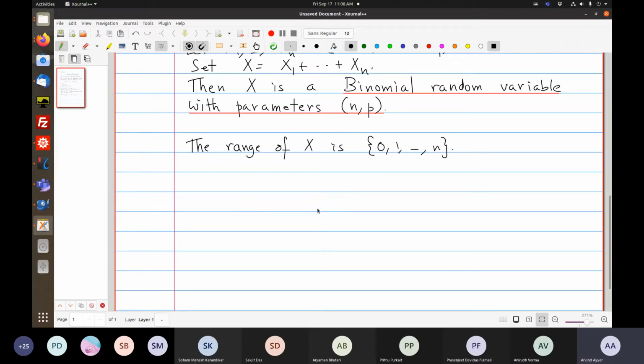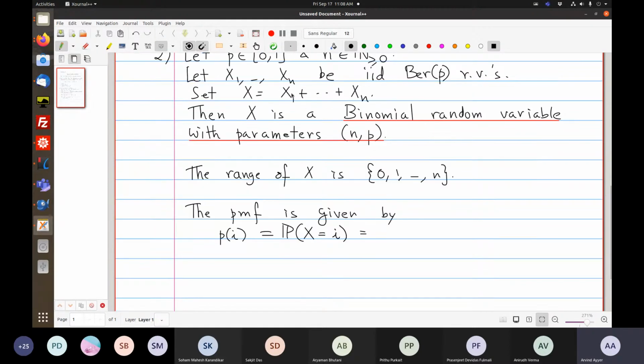It takes so many values. Now I guess the hint is in the name, but let us see what the PMF is going to be. What is the probability that X equals i, the PMF p of i? Well, how can X be equal to i?